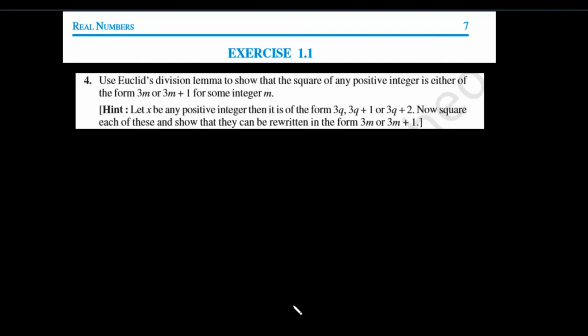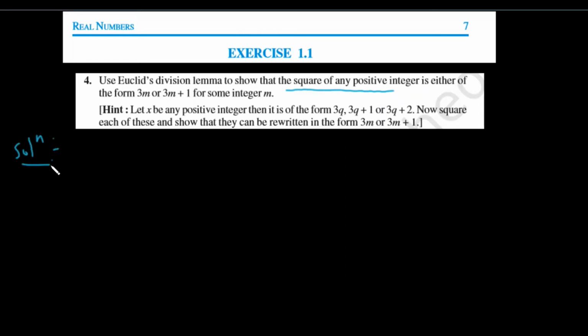Okay, so the thing to be noticed is square of any positive integer. Now, moving forward, let me quickly write the same thing that we wrote over there.